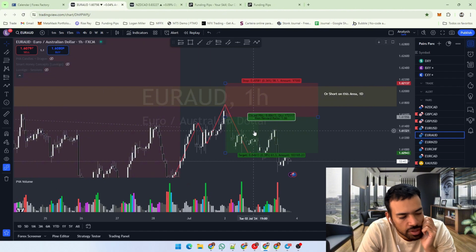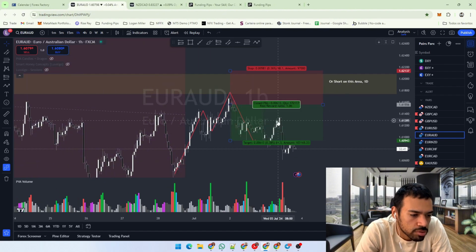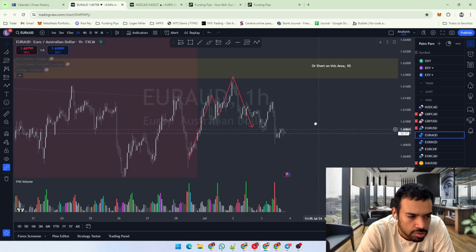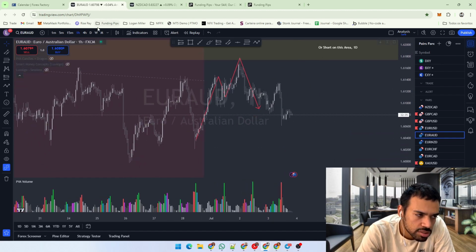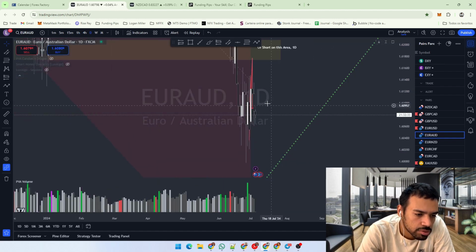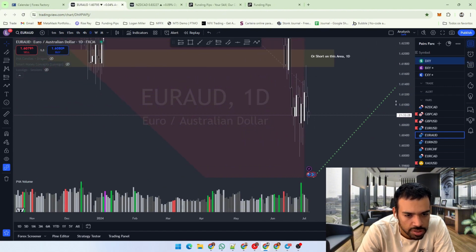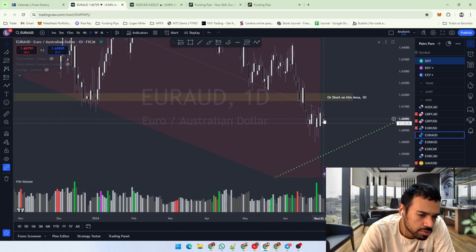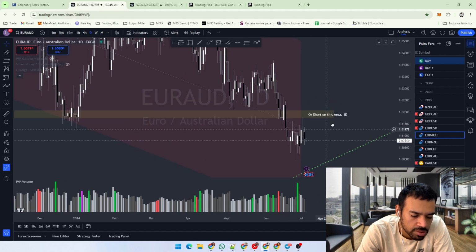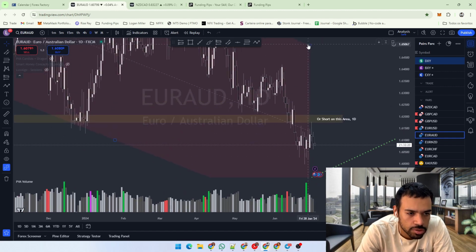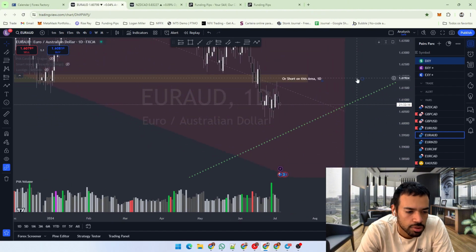But this is a trade I probably do if you don't have news, okay? So Euro AUD is the same scenario because we have to wait the price come to this area again, which is probably not gonna happen this week. But if you go to this area tomorrow, I will look for our pattern in 1 hour, okay?